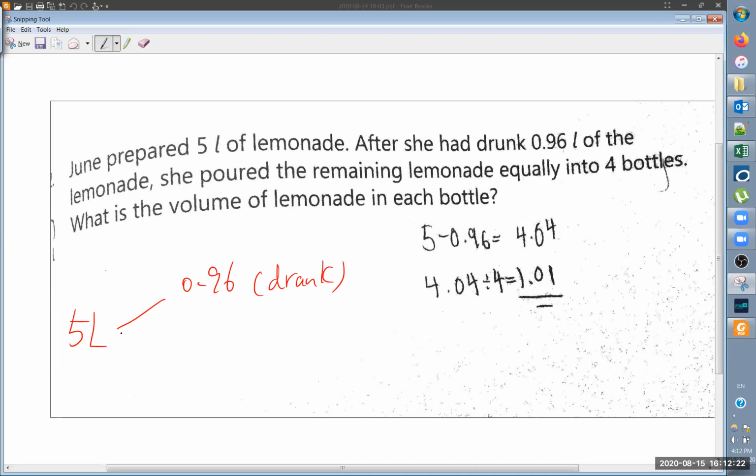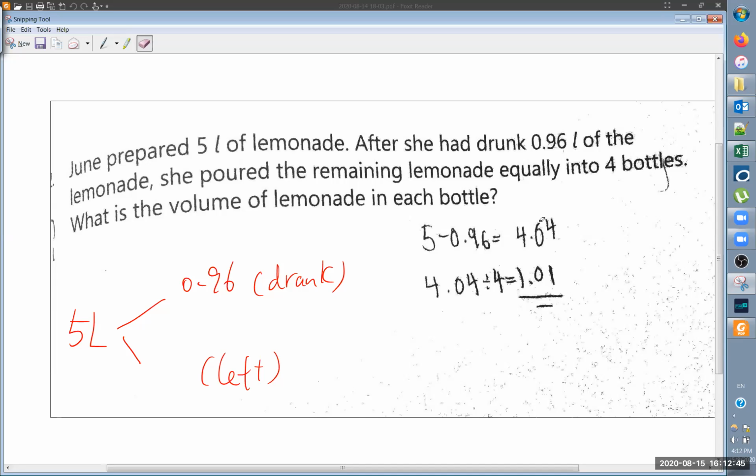So what is left? You use 5 minus 0.96, which is 4.04 or 6.04. Next time you have to write it properly, because this is quite misleading.